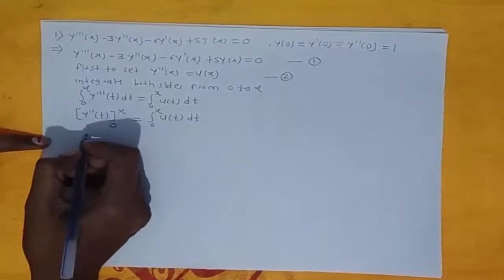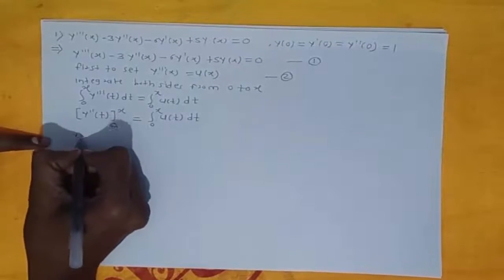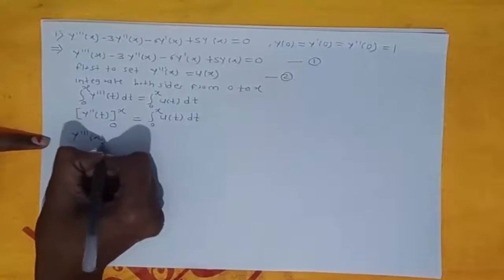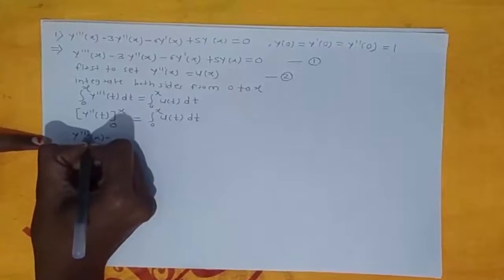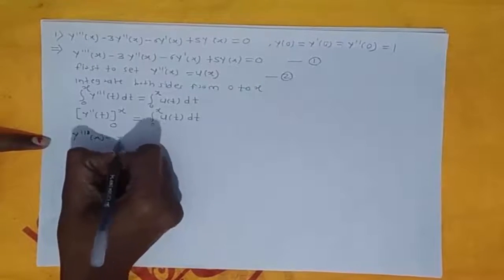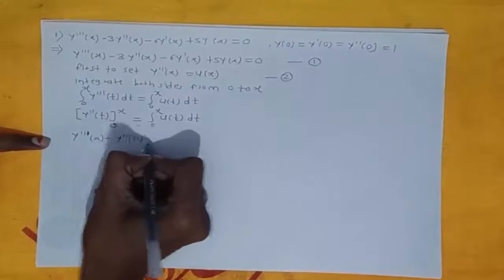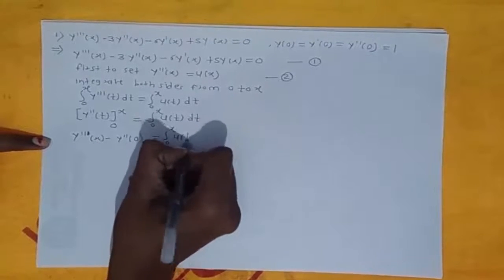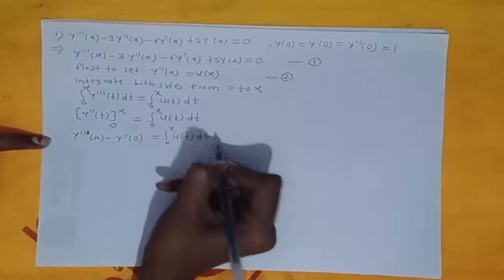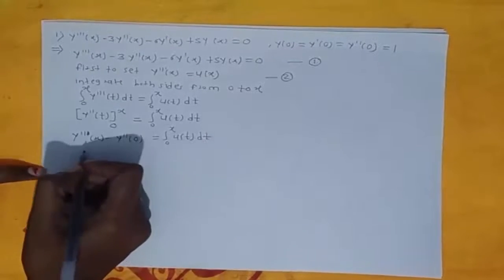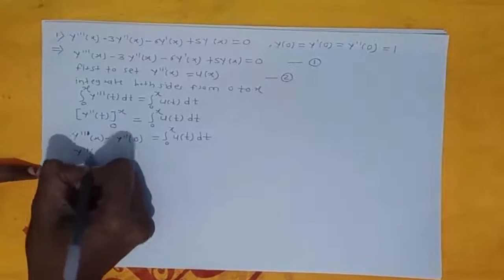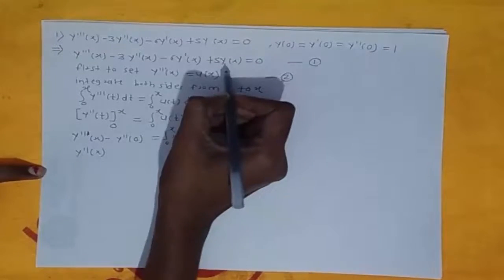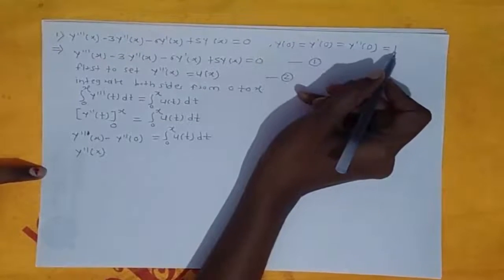Then we put here limits. We get y double dash of x minus y double dash of 0 is equal to integration from 0 to x u of t dt. Then y double dash of 0 is given to be equal to 1.